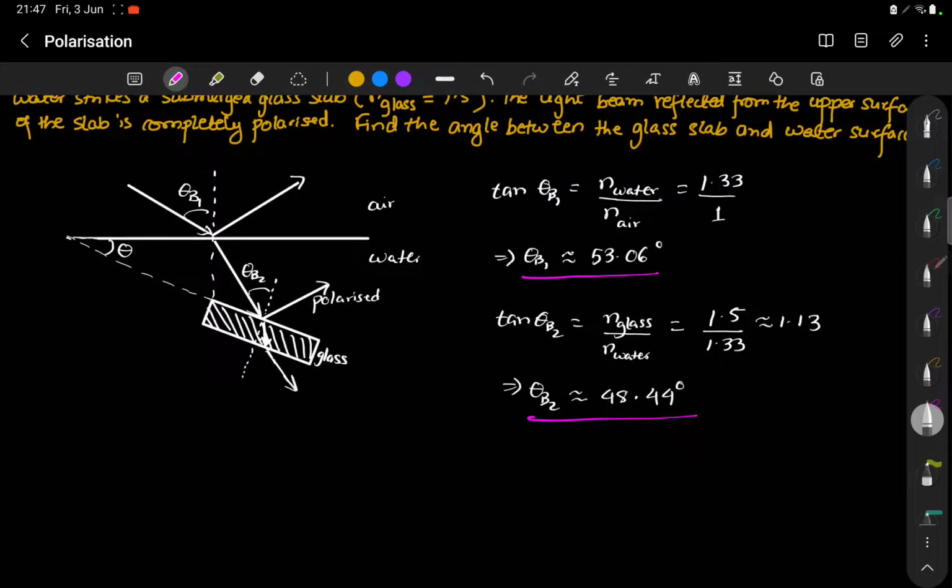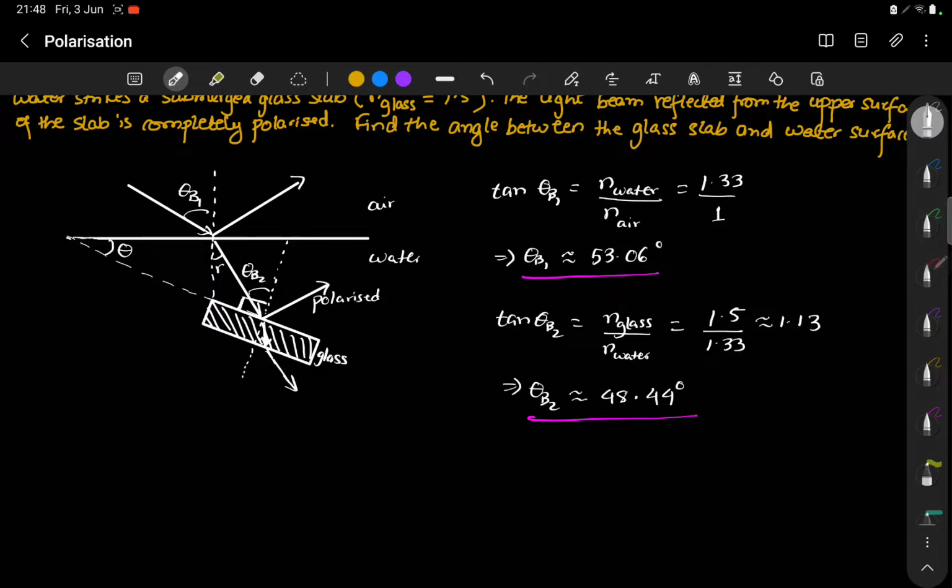Now let us do some geometric construction to find out theta in terms of the angles that we have. So if we extend this normal all the way, we know this is a normal to the surface, so this is 90 degrees. And let us call this angle the angle of refraction from the air-water interface.